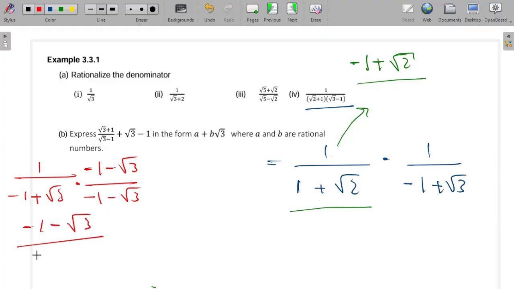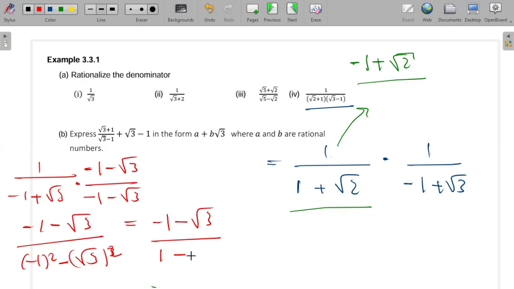Then down there, you just have negative 1 squared minus root 3 squared, like that. Then you have negative 1 minus root 3, divided by 1 minus, then this here gives you a 3.